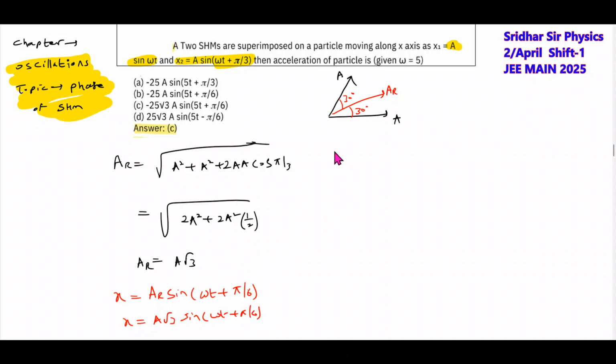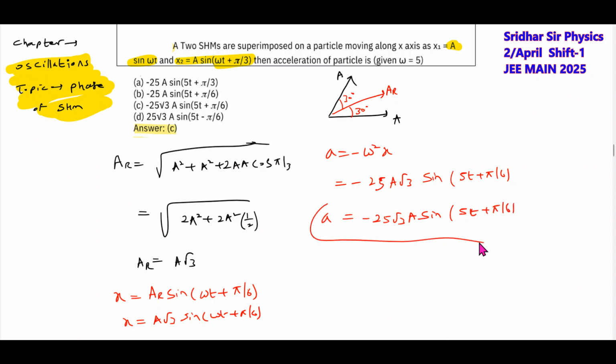We'll differentiate this. So I think we know the SHM acceleration will be minus omega square, and it is asking to get the acceleration of the particle. Minus omega square will be 25, a root 3 sine of, this expression for acceleration.